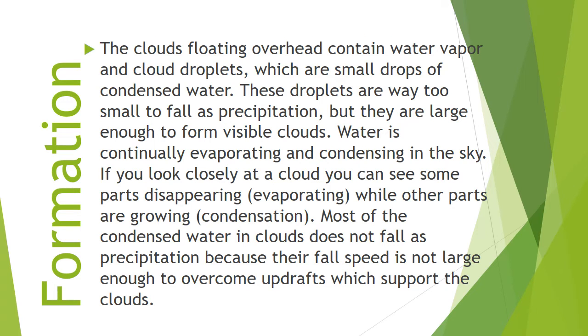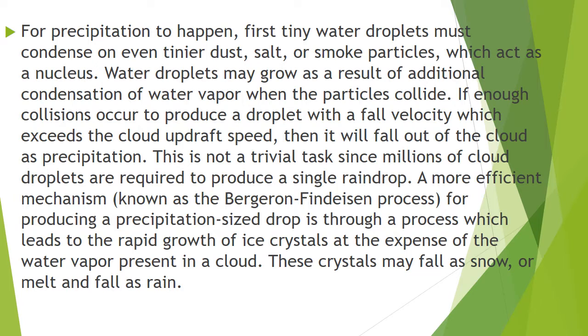So, for precipitation to happen, first, tiny water droplets must condense on even tinier dust, salt, or smoke particles, which act as a nucleus.